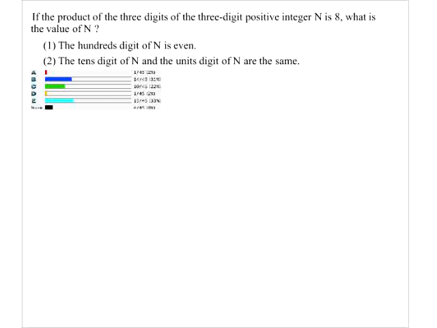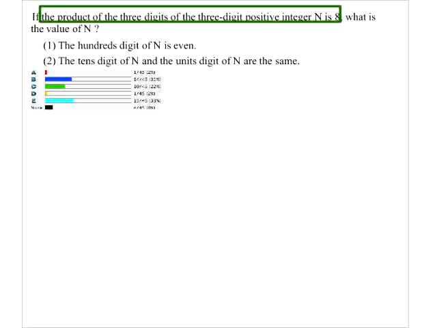This is an awfully weird restriction. I mean, how often do you multiply the digits of a number, right?